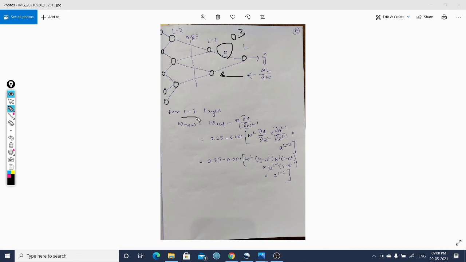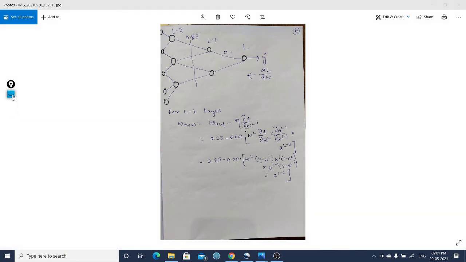For the L minus 1 layer, it is the same formula: the old weight, the learning rate, and dC by dW. Here we have to mention the previous layer, since the layer being updated is L minus 1. This is the old weight 0.25, and the same constant learning rate. And I told you, for calculating anything apart from the output layer, whatever we are calculating, the derivative of the loss with respect to the weight, we need to check this formula.